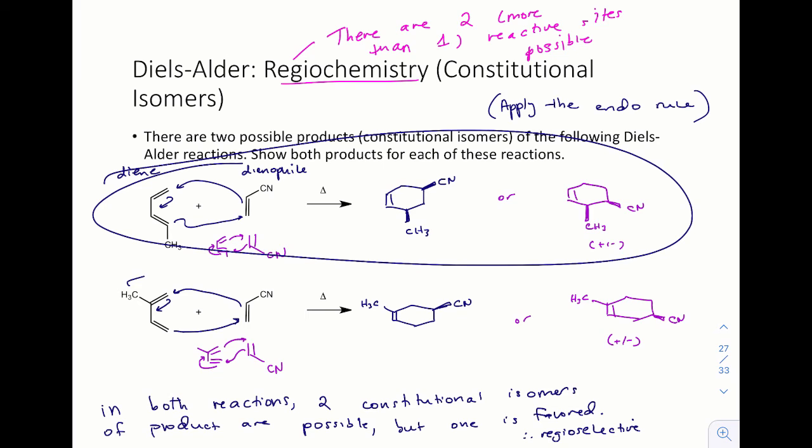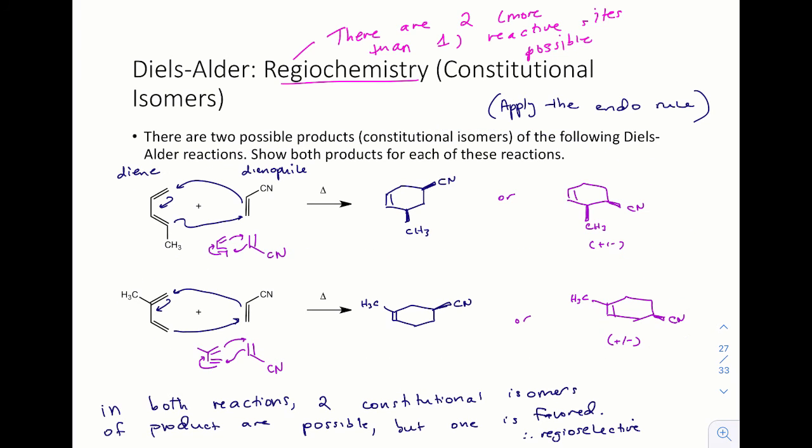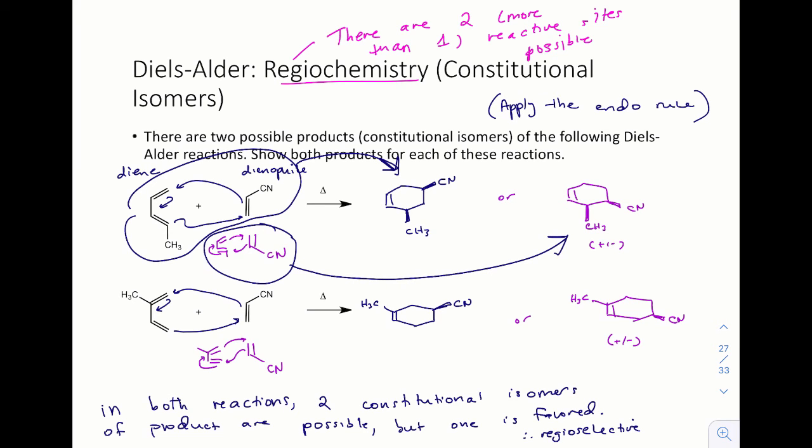For each of these reactions, there are two possible ways that the molecules can react. They can react as shown in blue to yield this product, or the opposite end of the dienophile can react with the diene to form the product shown in purple.